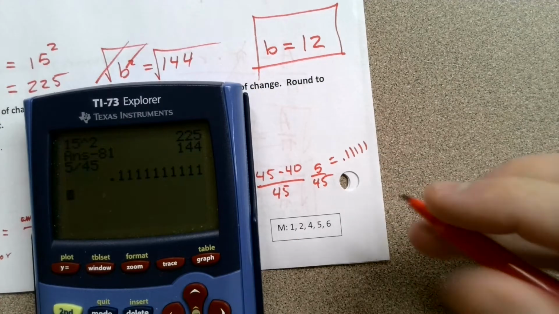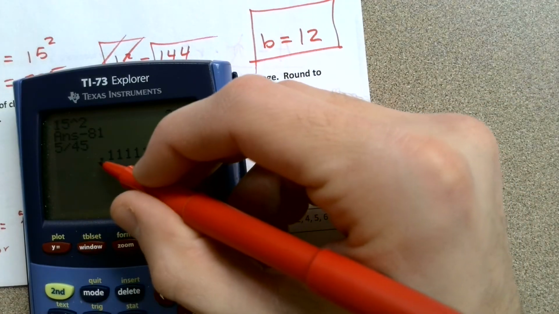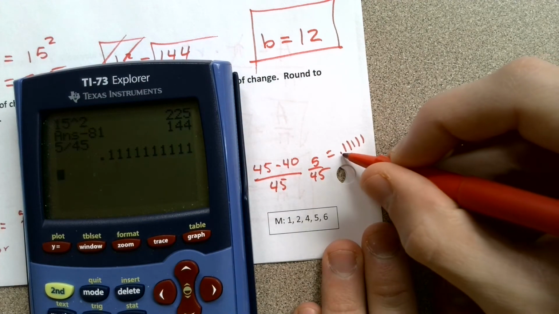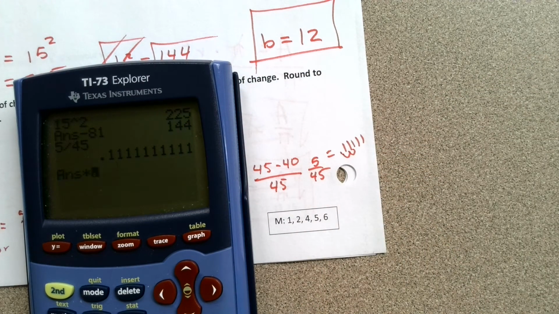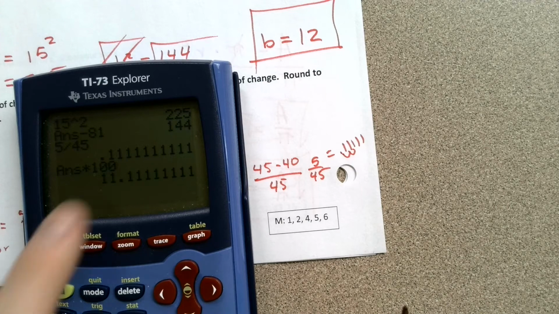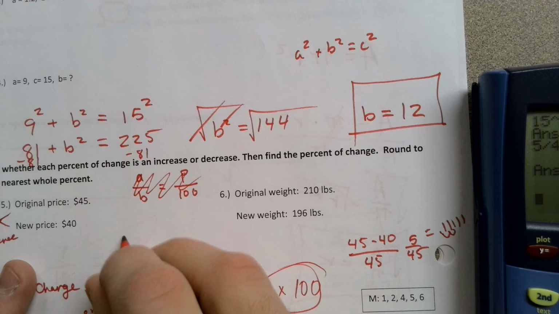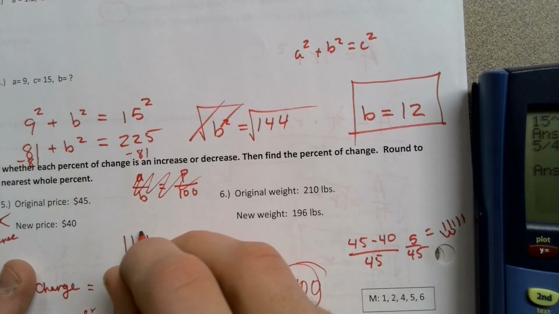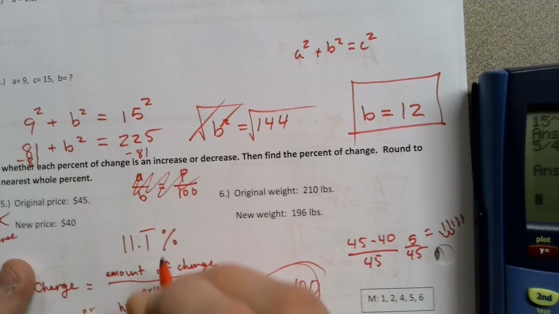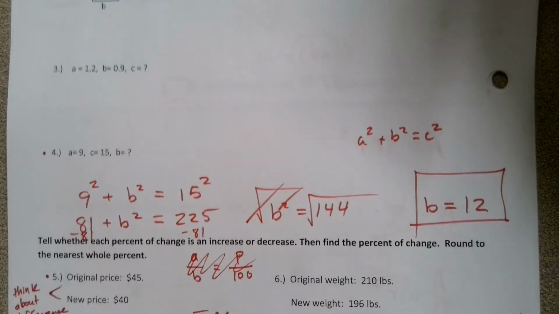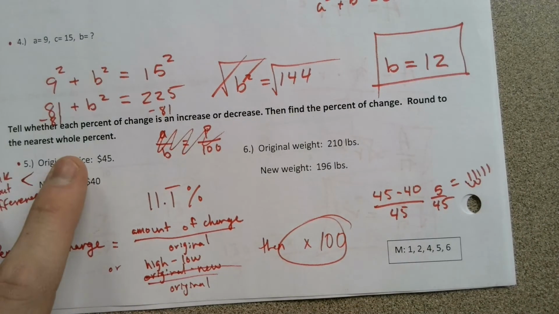In order to convert this into a percentage, our last step, multiply it by 100. Or if it makes it easier for you, you move that decimal place 2 times. So we move it once, twice. There it is. There's our percentage. We've got 11.1 repeating percent. Now you'll notice this is never positive or negative, so we have to look at it and figure out if this was an increase or decrease.